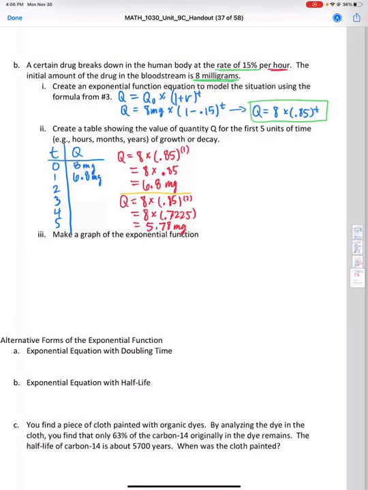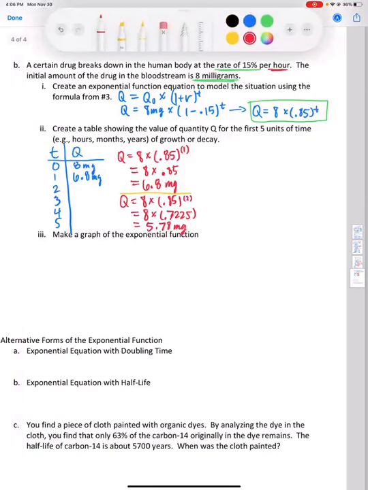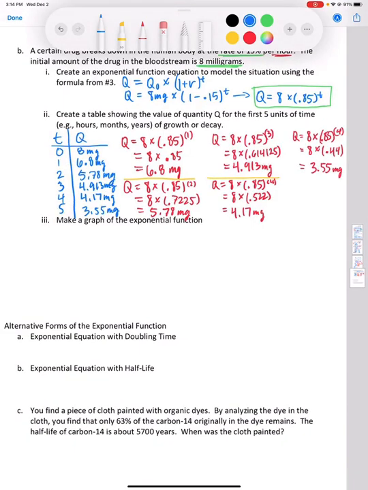Okay, notice that is decreasing here. Now that we have finished all of our data points, our table is now complete. We've calculated the quantity of the lidocaine in the bloodstream over the first 5 hours.